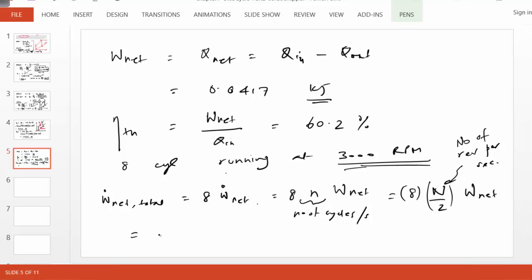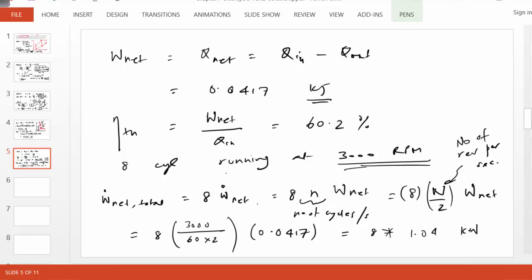So now the answer becomes 8. N is number of revolutions per second, so that will be 3000 by 60, and this 2 is carried over, and W net is 0.0417, and so we get something like 8 times about 1.04 kilowatt, or it's something like 8.3 kilowatt.